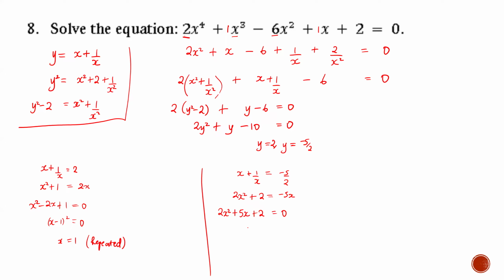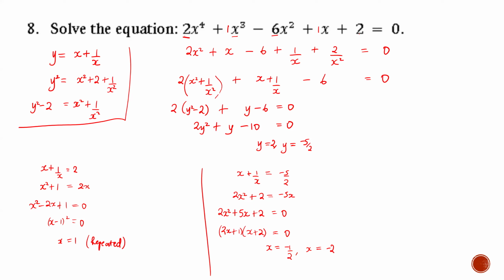Now you have another quadratic equation to solve. You could use factorization, and I prefer to use factorization whenever it's possible. This factorizes into 2x plus 1 times x plus 2 is equal to 0. And this gives us x is equal to negative a half and x is equal to minus 2.